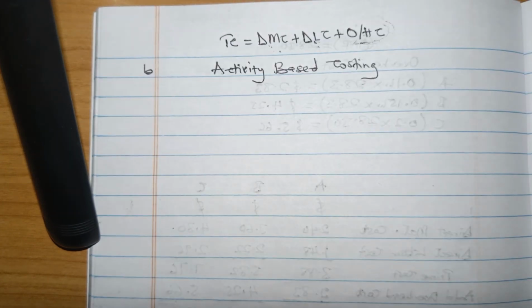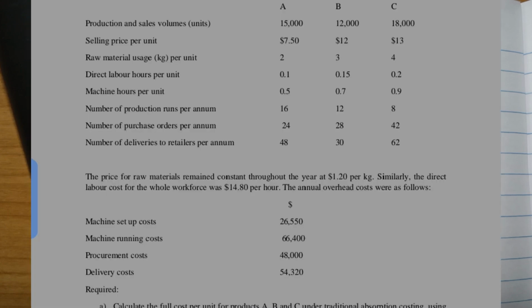Okay. All right. So pay close attention because it's going to get technical. Already we have our overhead, which is the machine setup cost, the machine running cost, procurement cost, and delivery cost. These are cost pools, like I said earlier, and these cost pools are triggered by something called cost drivers.